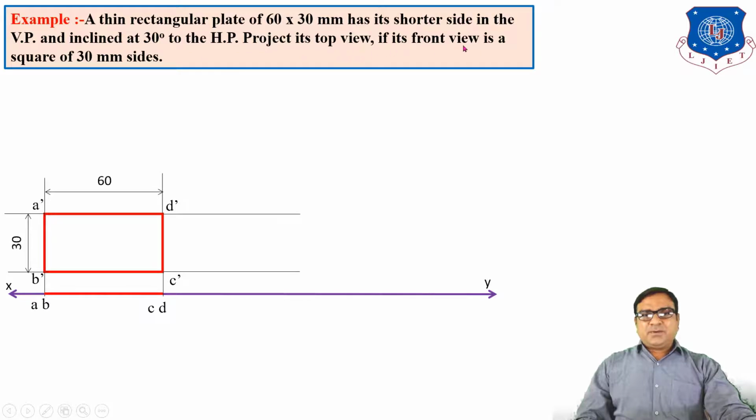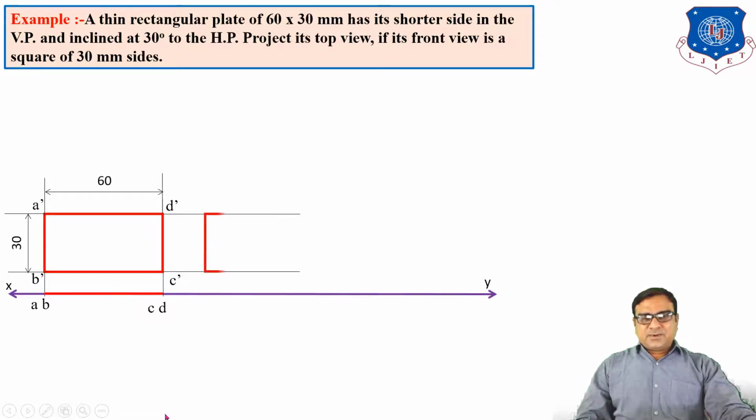Project the top view if the front view is a square. So when does the front view become a square? When we incline the surface with the vertical plane, the front view becomes a square. So when we incline the surface at some unknown angle, the front view is a square, that is known.